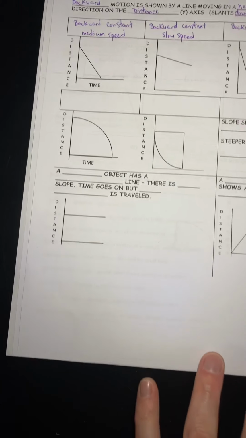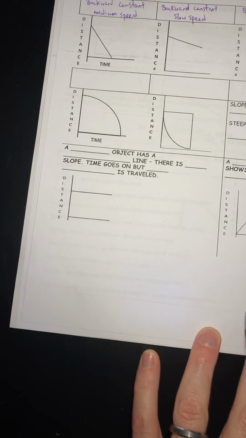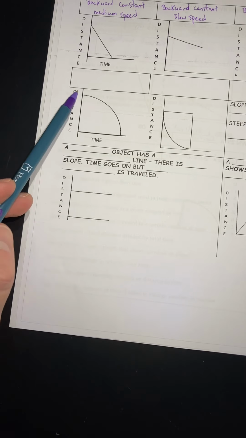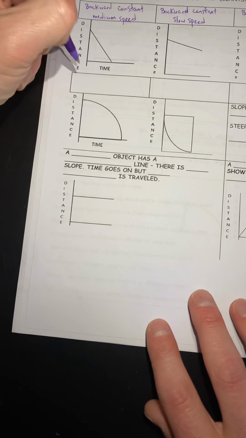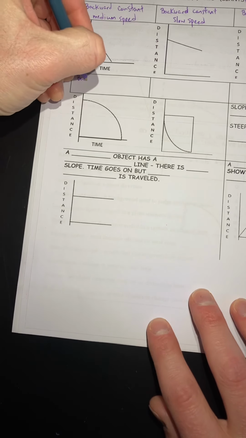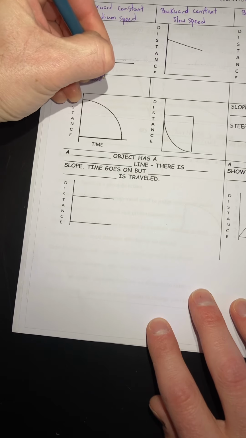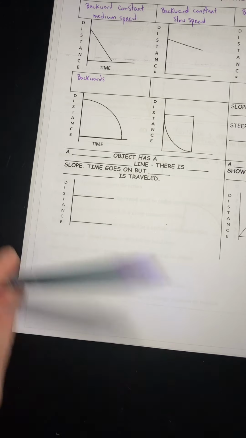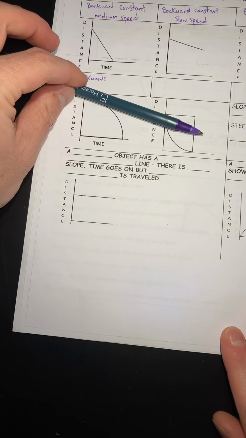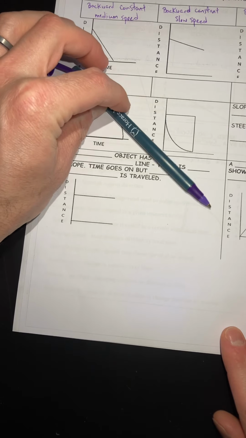All right, this middle section right here. Is this forward or backward? This is backwards. Is this acceleration or deceleration? Acceleration. Look, it's accelerating. It starts out not covering much distance and then it covers more and more distance.